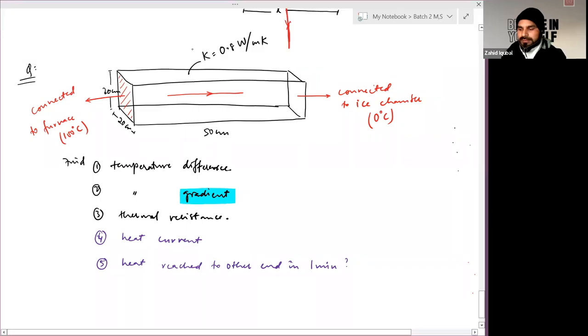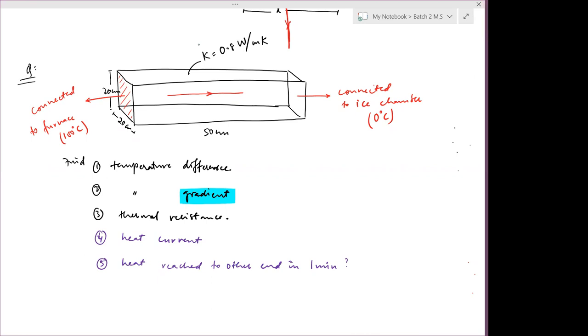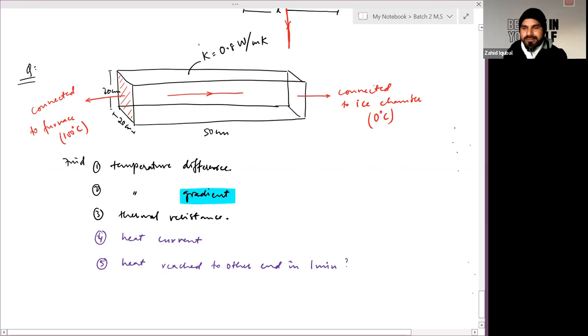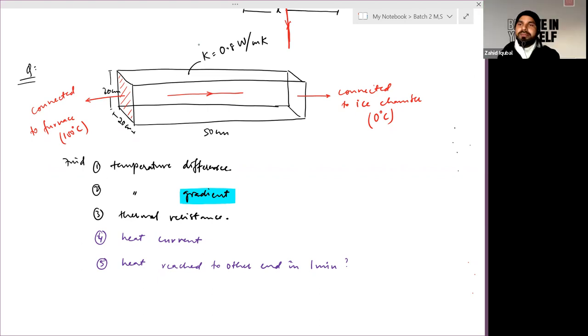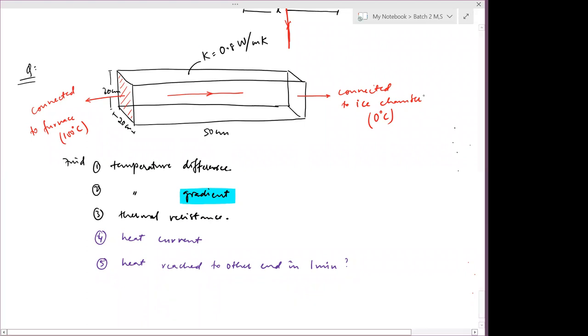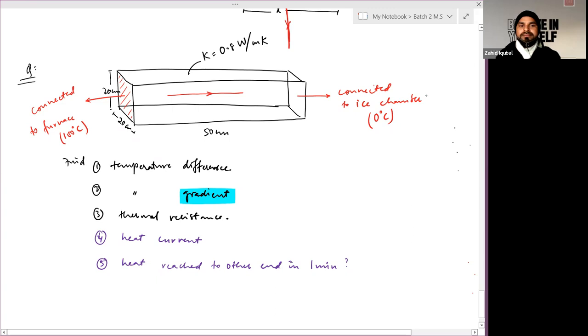Aisha, any idea? Just first define gradient and then temperature gradient. Temperature gradient is a physical quantity that describes in which direction and at what rate temperature changes most rapidly.